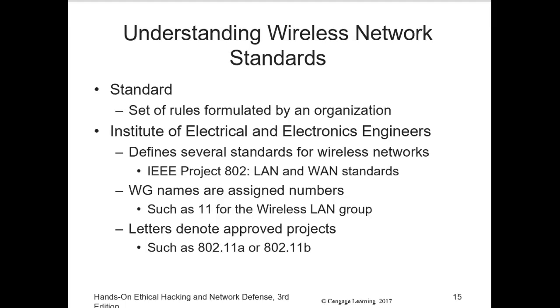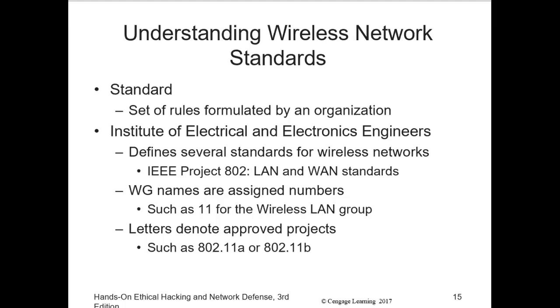Also, in understanding the wireless network, there is a set of standards, right? And it's defined by IEEE. They define our wireless standards for us. And so they have many projects, right? IEEE Project 802 was developed to create LAN and WAN standards.